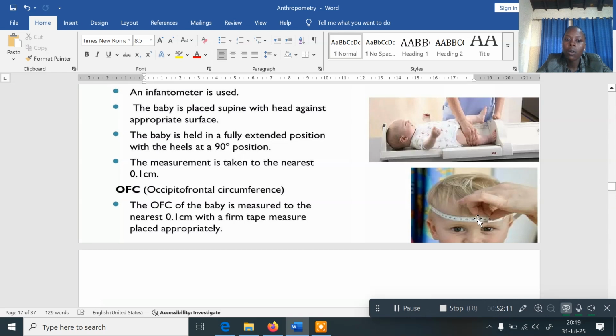So the occipitofrontal circumference of the baby is measured to the nearest 0.1 centimeters with a firm tape measure placed appropriately. So still we use a tape measure to take this circumference of the head, but it shouldn't be stretchable. It should be a non-stretchable measuring tape, okay?